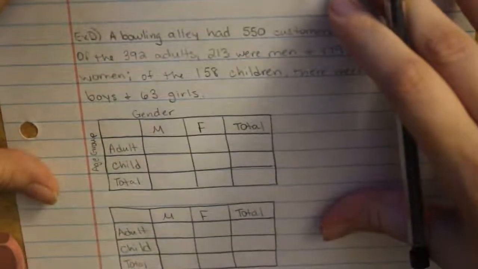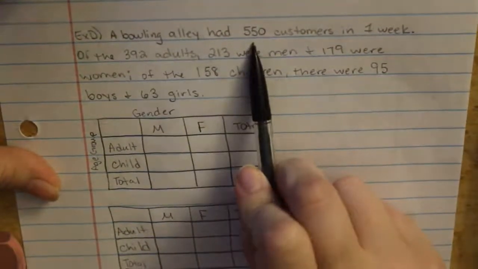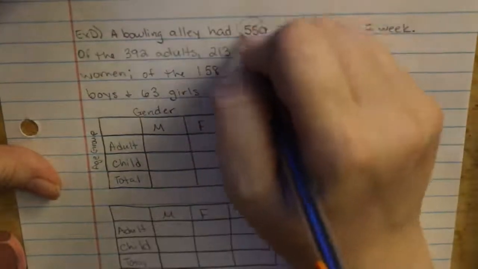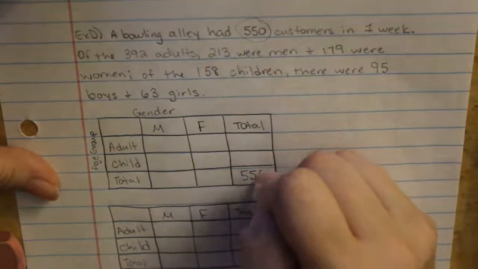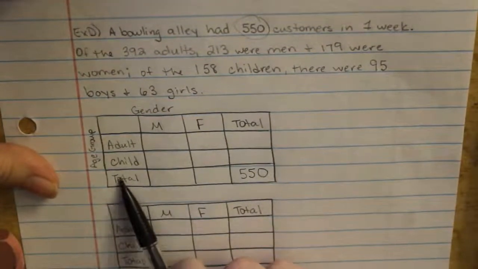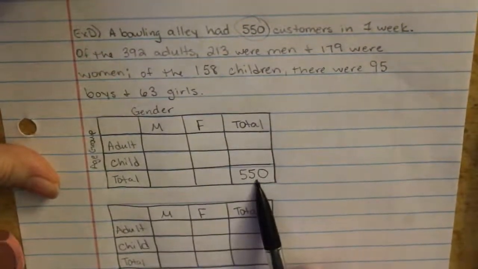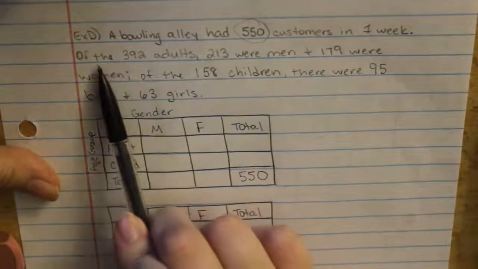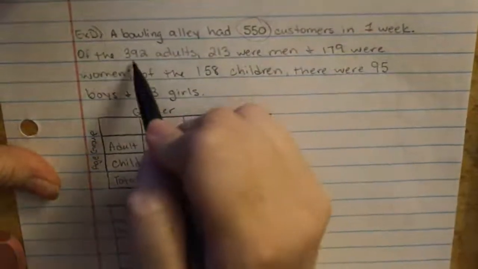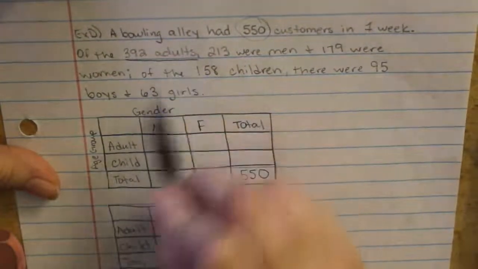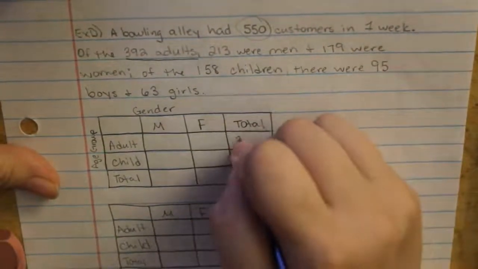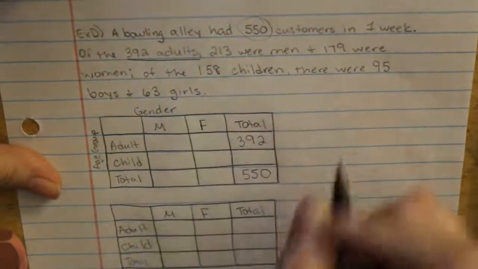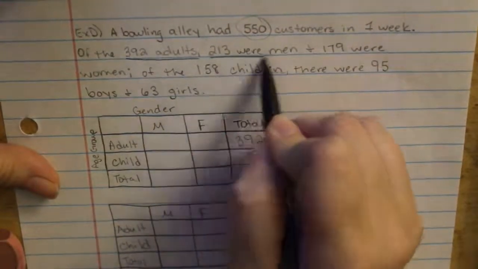Okay, so a bowling alley had 550 customers in 1 week. I'm going to pause. That is my grand total. I had a grand total of 550. Grand total is where both totals line up. Okay. Of the 392 adults, I had 392 total here. 213 were men.